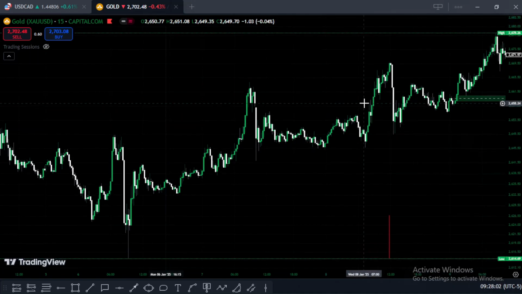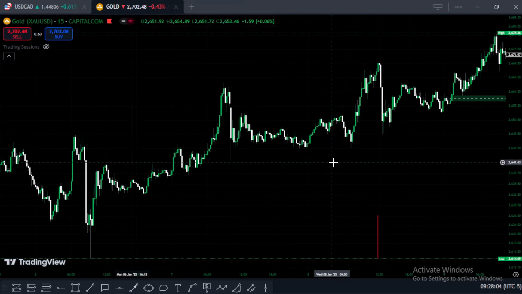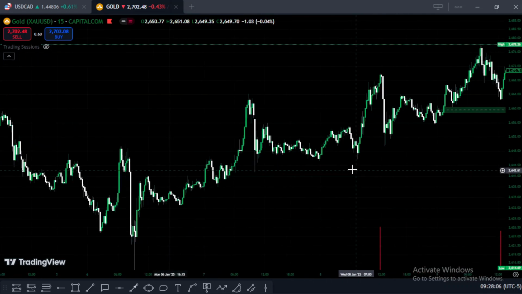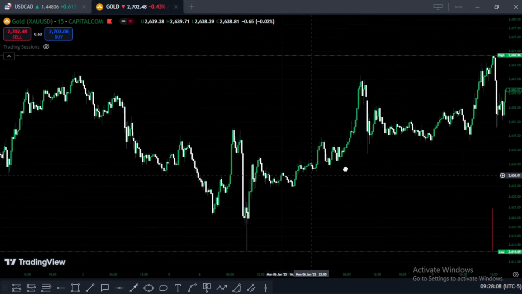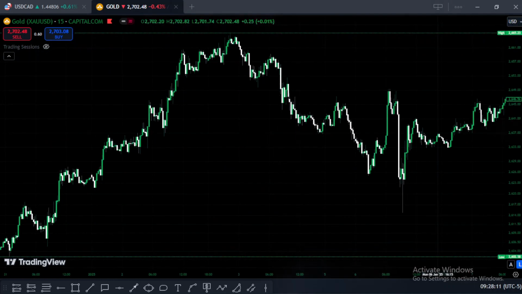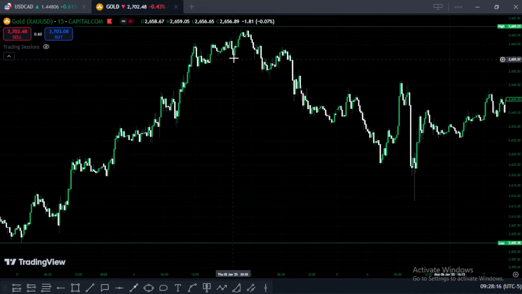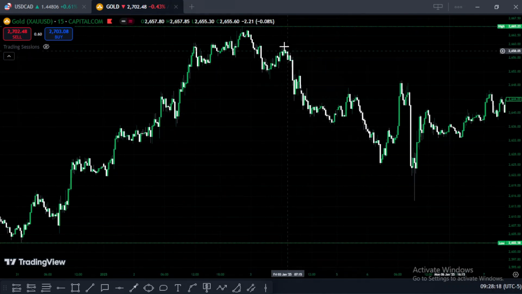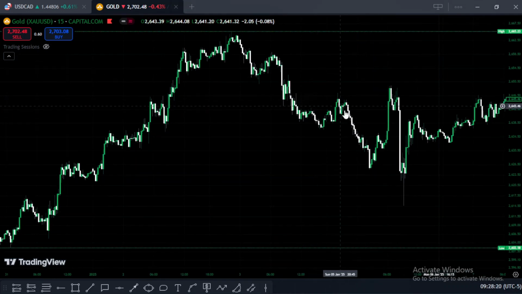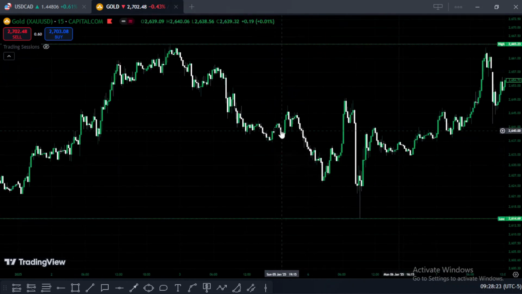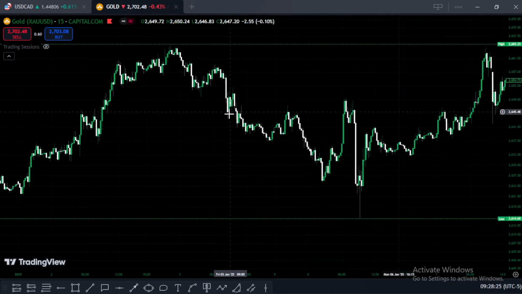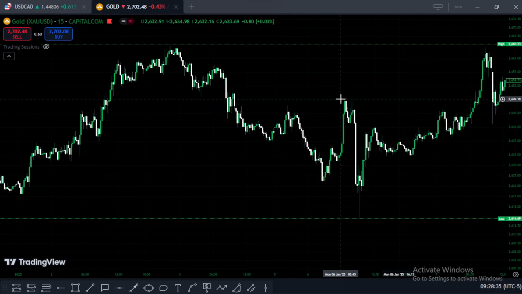Now over here, where do we see our liquidity sweeps? On gold, let's start here. What has price been doing? Price was in a bullish trend, and then price drops down over here. You can see that price has been giving us a bearish market: lower low, lower high, lower low, lower high, lower low, lower high.